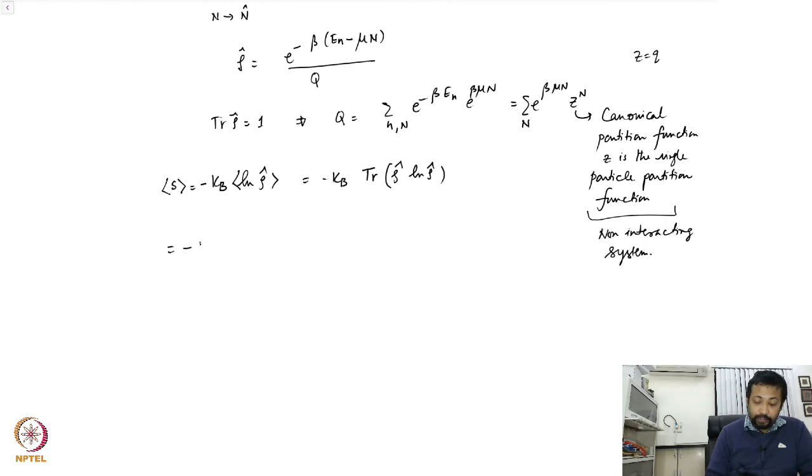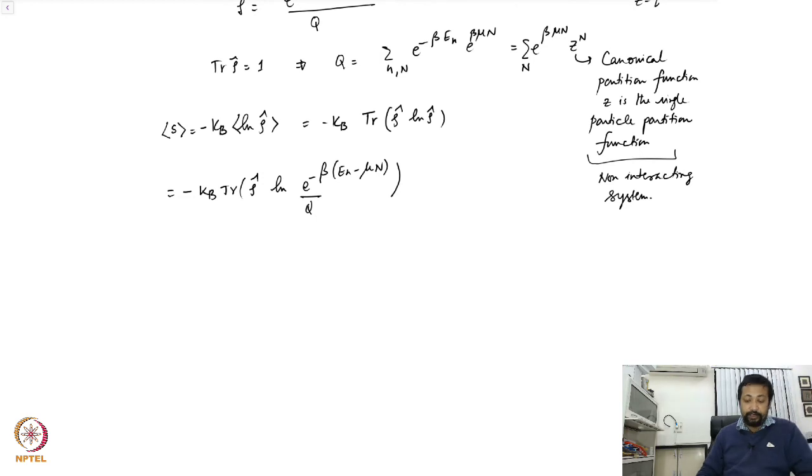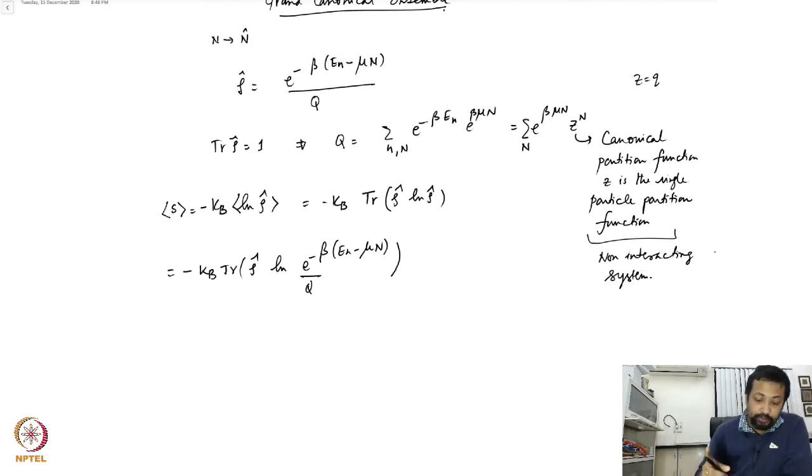So minus kB trace, we'll keep the rho hat and we'll write ln rho hat as minus beta (E_n minus mu N) minus ln Q. I'm sorry, if this is the Hamiltonian, then this is the density operator, so one has to be careful over here. Anyway, we can use that interchangeably, because otherwise this will mean the matrix element in the energy basis.